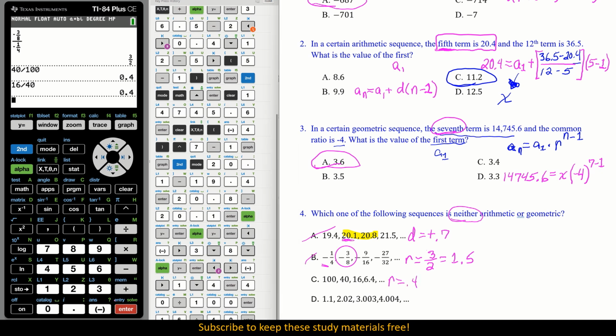So this one and this one, it says we're looking for the one that's not. So let's look at D. I can tell by looking at it. If we subtract, we're not going to get the same value. And if we divide, we're not going to get the same amount. So the option that we're looking for is D.